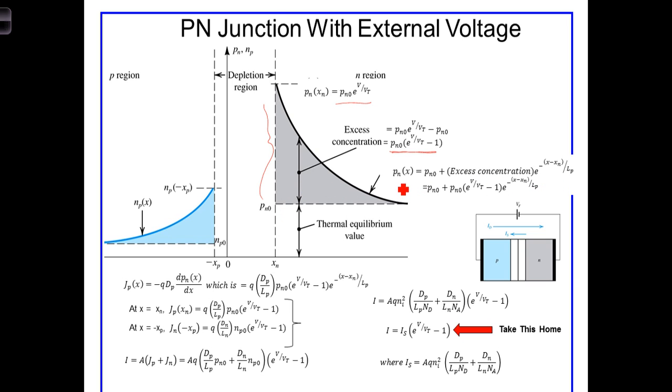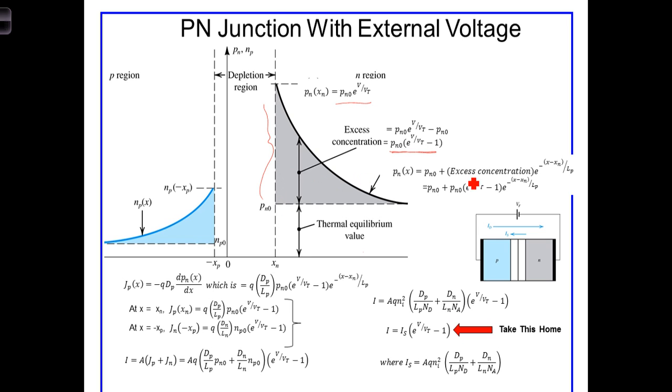So we have then the actual total concentration of the holes in the n region is going to equal this p sub n0 plus what is left of this excess as it decays exponentially as it moves away.